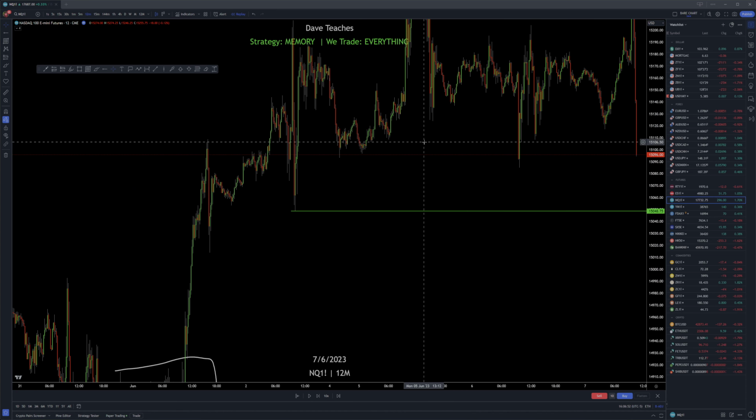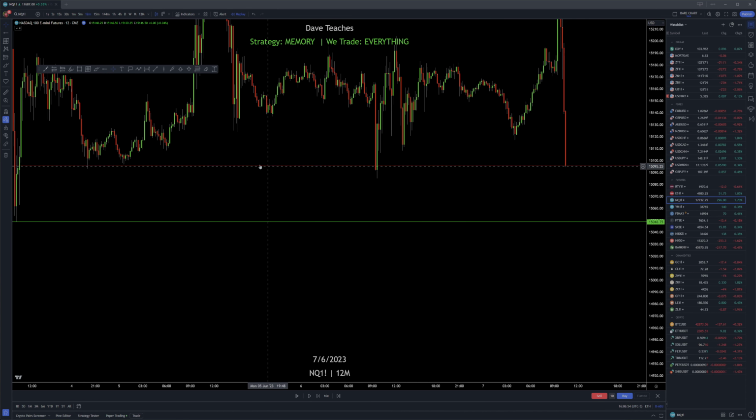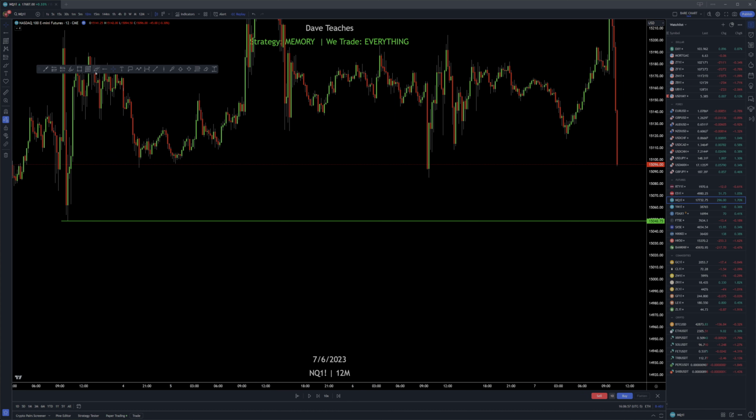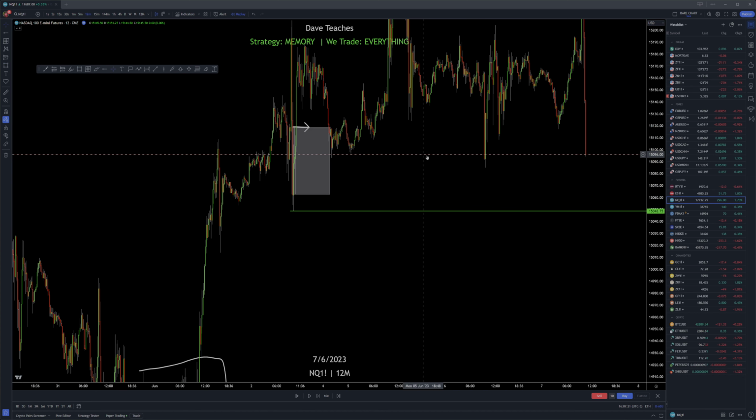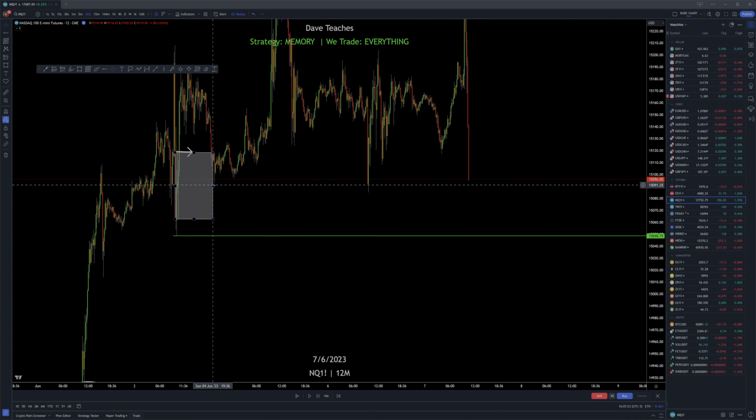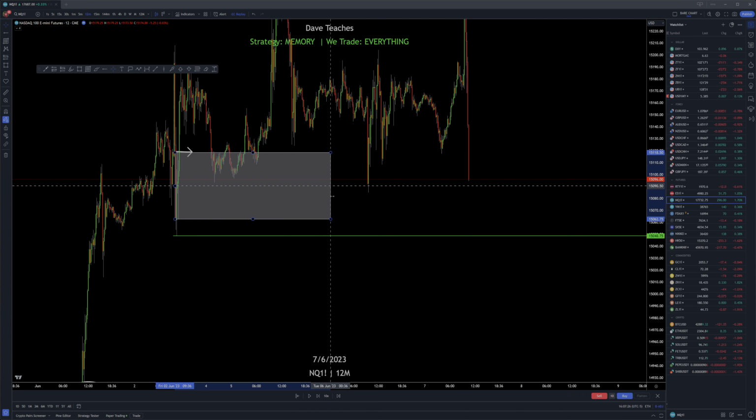So let's go into what we tapped there. The famous fractal. It's this move down into price trading back up above. And even within that fractal, we got a body closure, right? So if we drag the fractal all the way across to the other side, what did we tap?